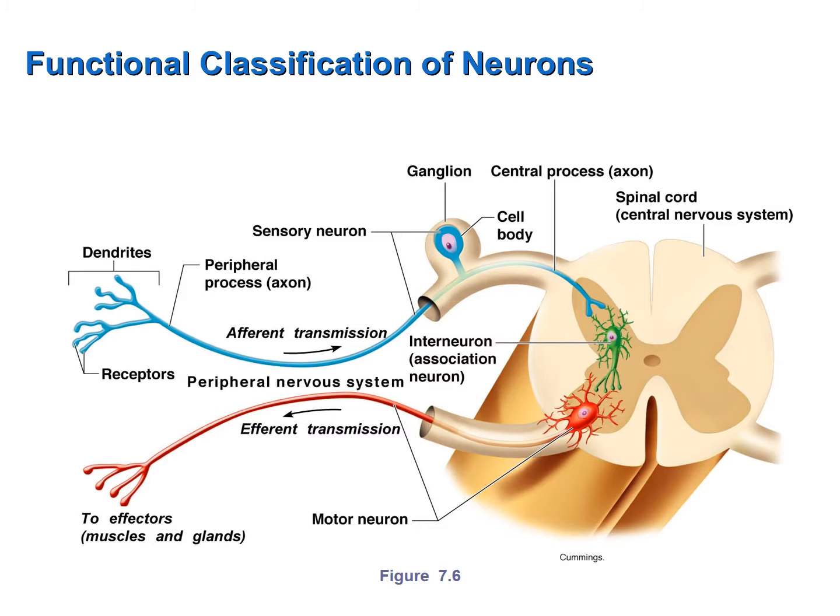To illustrate the functional classification of neurons, I'm going to use the following figure. What you're looking at here is a cross-section of the spinal cord. The spinal cord, of course, is a part of the central nervous system.